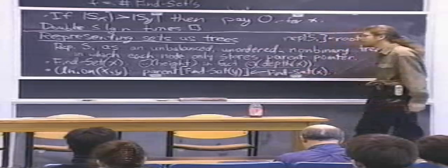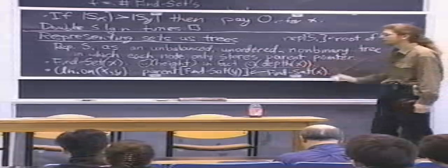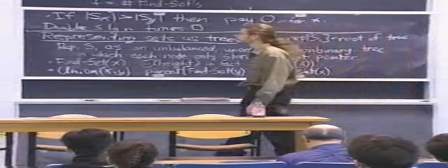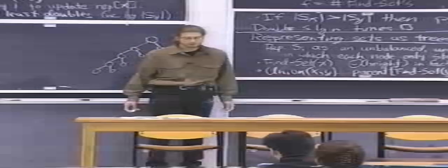As long as we could do find set faster, this will go fast. It's only constant time plus 2 find sets. So that's some progress. With the old trees, we had to spend logarithmic time. Now we have potential to get faster. Constant time, if we're lucky. Good.